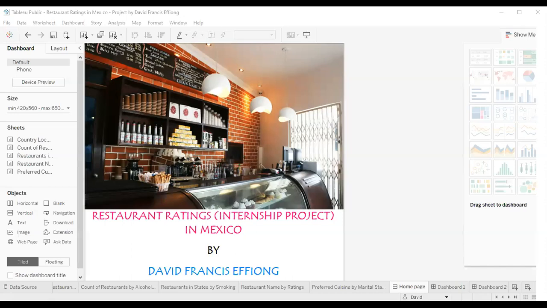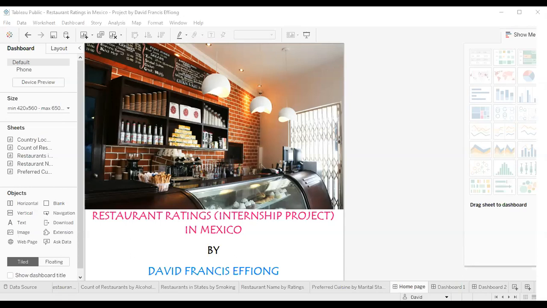I was given the opportunity to look at the consumer preferences and the effects they had on ratings in restaurants in Mexico. I was also given the opportunity to check the consumer demographics and the buyers in the data sample according to those demographics.